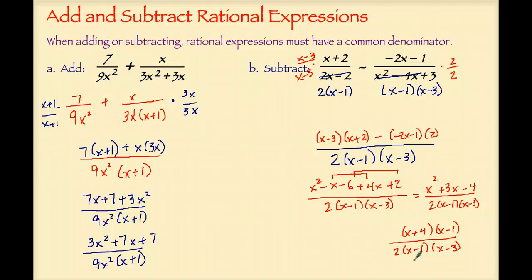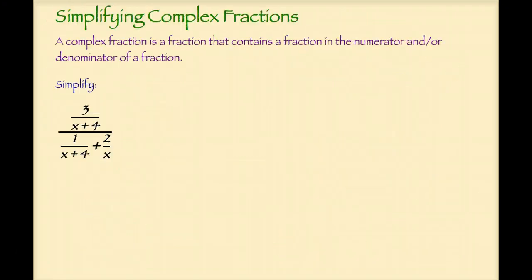Thank goodness we didn't FOIL the denominator, because now we can cancel those factors, leaving our most simplified form of the answer to be (x plus 4) over 2 quantity (x minus 3). And that's how you add and subtract rational expressions.